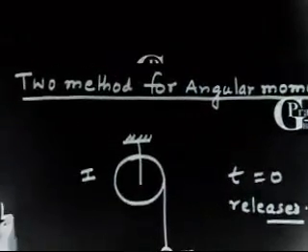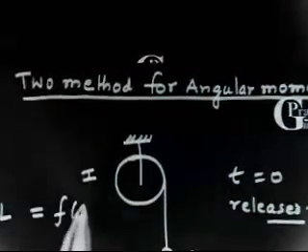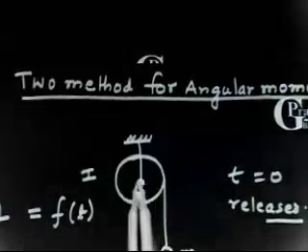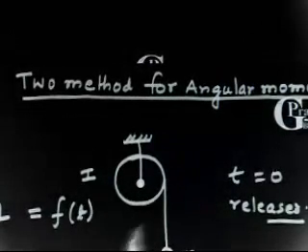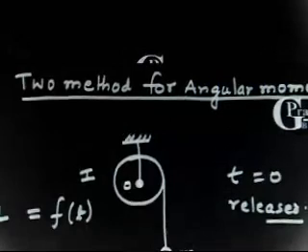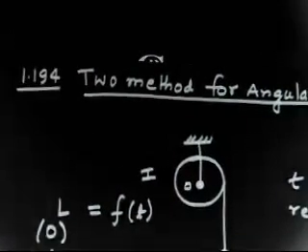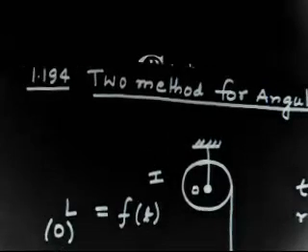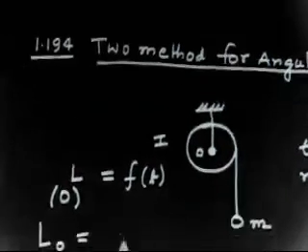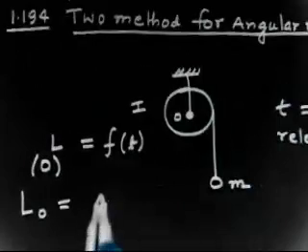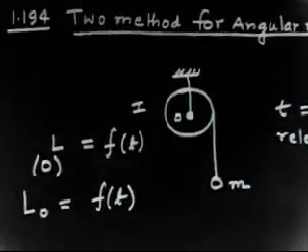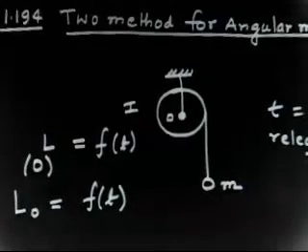This is my axis, let us call it O. So we have to find angular momentum about O, that is L_O as a function of time t. This is the thing we have to find out.